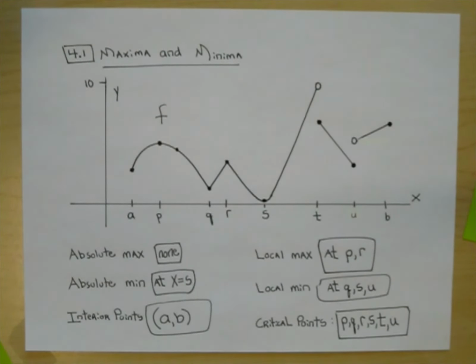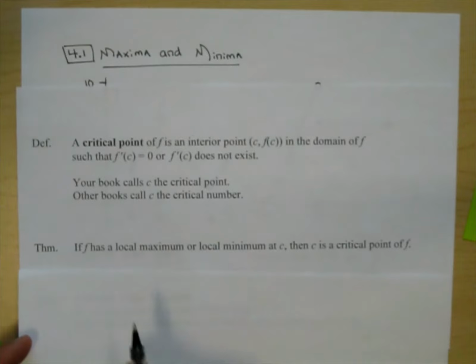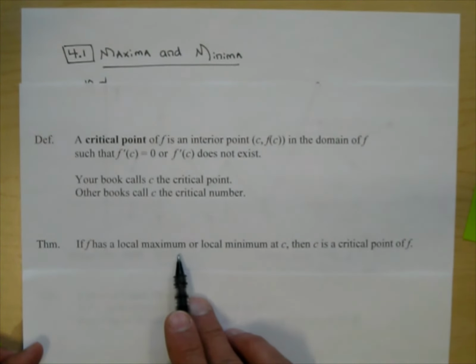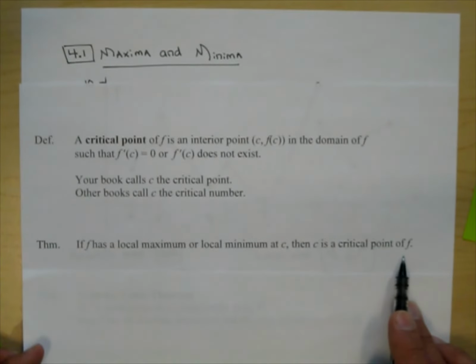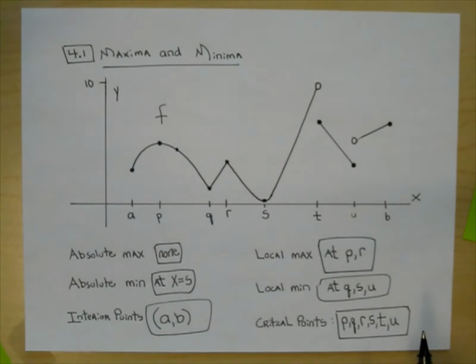So we have a theorem that says the following. If f has a local maximum or local minimum at c, then c is a critical point. So if f has a local min or local max, then it is a critical point. Look at these.